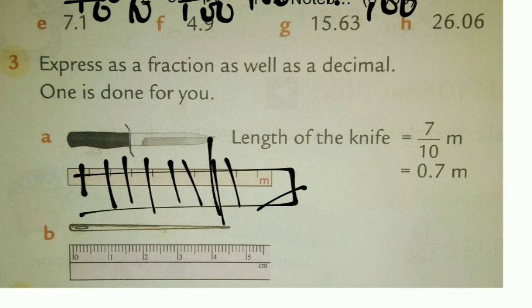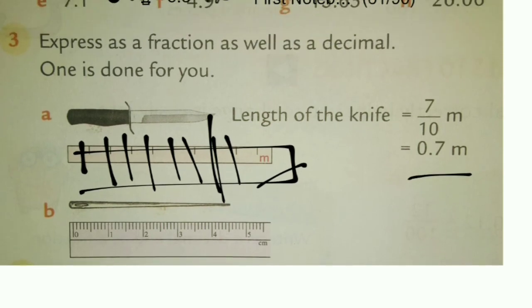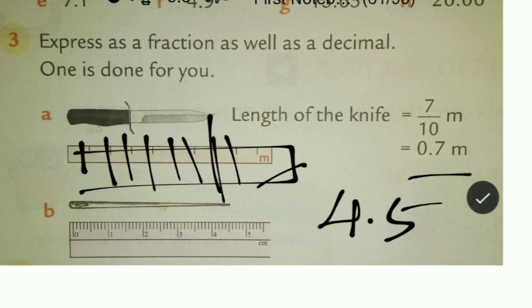Because it is in meters, so meter means upon 10. 7 upon 10 we can write 0.7. In this one, this is 1 centimeter, 2, 3, 4 and a half, so 4.5 centimeters.